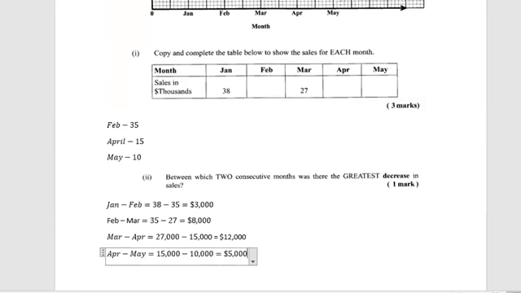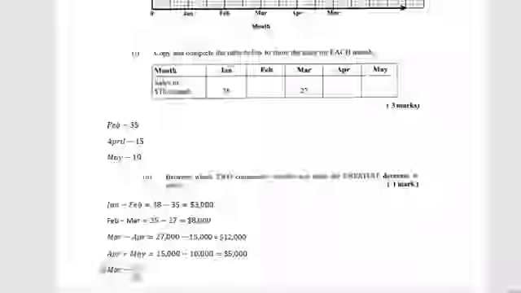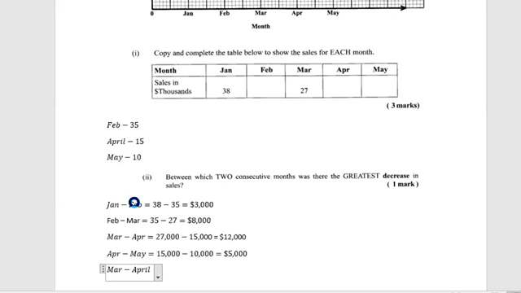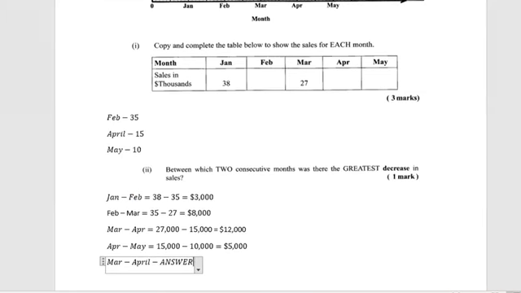So from this, we can work out between which 2 consecutive months was there the greatest decrease in sales. That would have been the one with the largest decrease, which would have been March to April. So March to April. And that is my answer. So if you didn't see it on the graph, you see it in the working out.